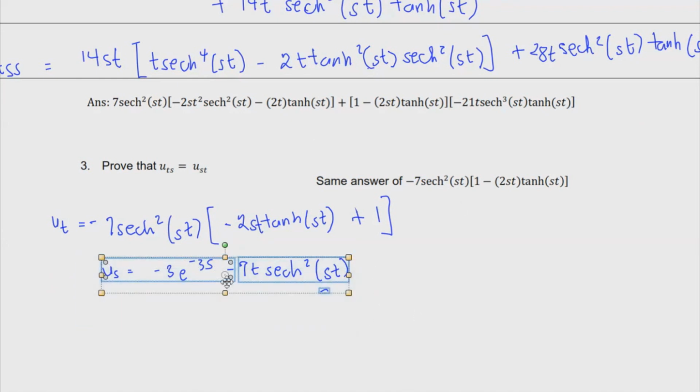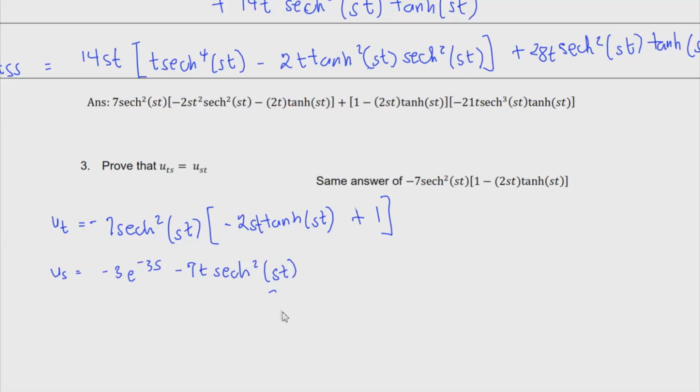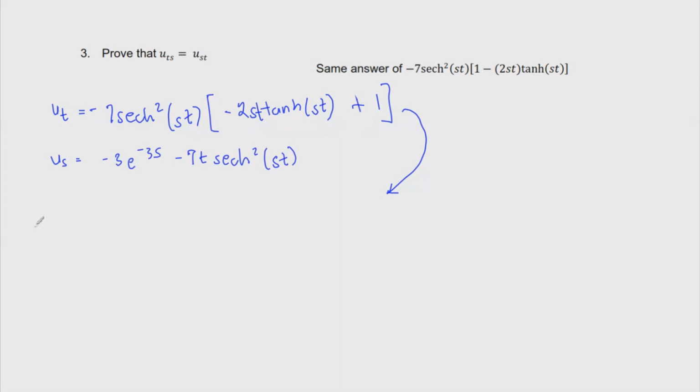Now let's proceed with the process, and we know very well that for this to happen, we need to differentiate this first expression with respect to s, so that it becomes u sub t sub s. So we need to differentiate this with respect to s.